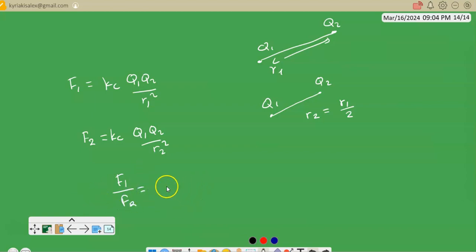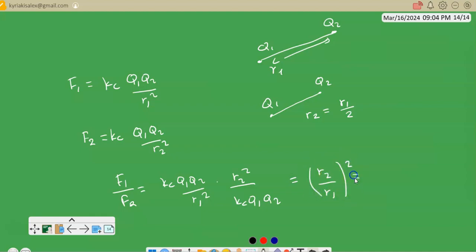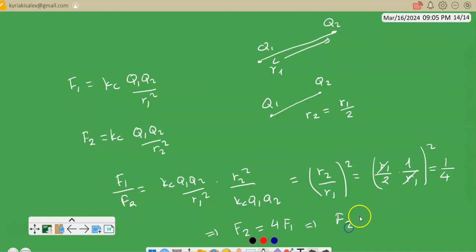The ratio of the two forces is the following. R2 is R1 divided by 2, times 1 divided by R1 squared. So it's 1 over 1/4. F2 equals 4 F1, which means that F2 is greater than F1.